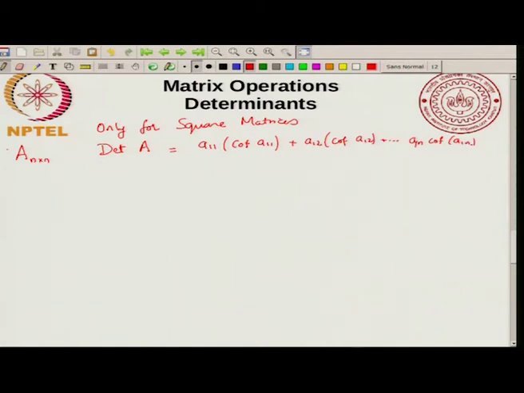To motivate the determinant, I can write this in general as the sum over i of A1i times cofactor of A1i. I will come to what the cofactor is, but just to initiate the discussion, suppose you have a 3 by 3 matrix.